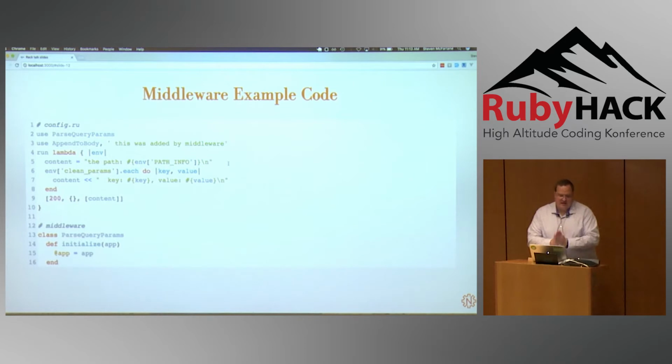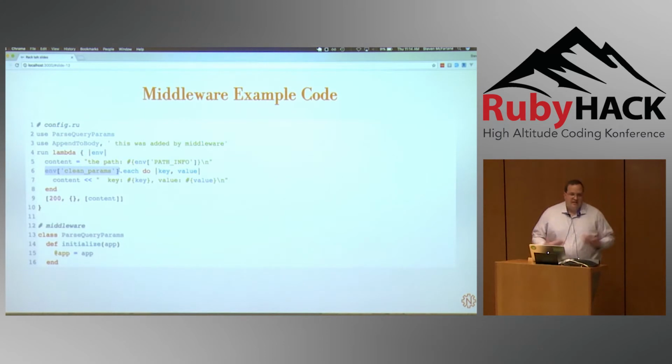So the important thing here is a new bit to our configuration with this use method. So use is how you declare middleware. So with use, I say I want it to parse query params, and then I'm going to append to body, and I pass it the value I want it to append. And then here's my simple application. See, here's this environment now, clean params.